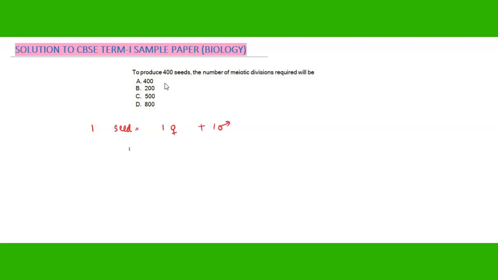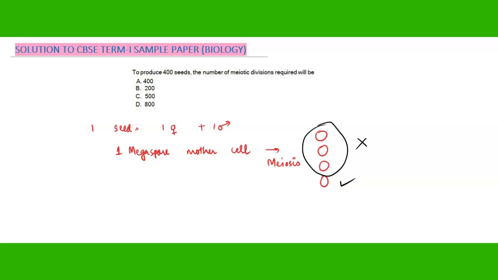When a megaspore mother cell divides by meiosis, 4 megaspores are formed, of which 3 degenerate and only one is functional, and this one megaspore divides further by mitotic divisions to form the embryo sac, and inside the embryo sac only one egg is there.